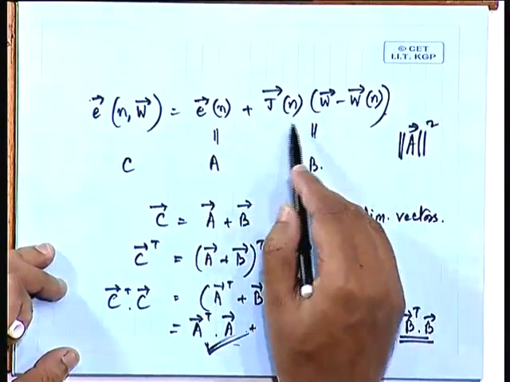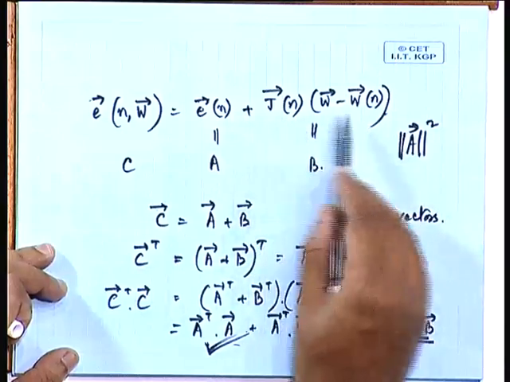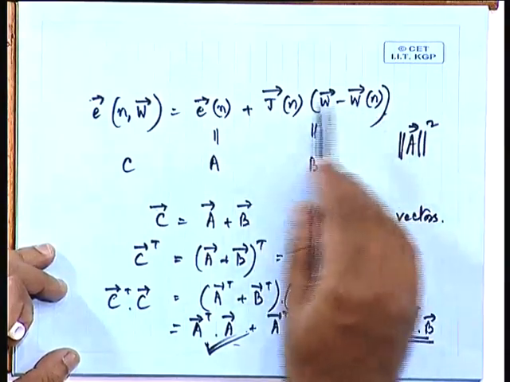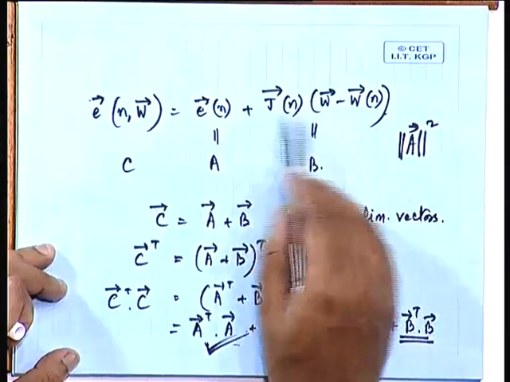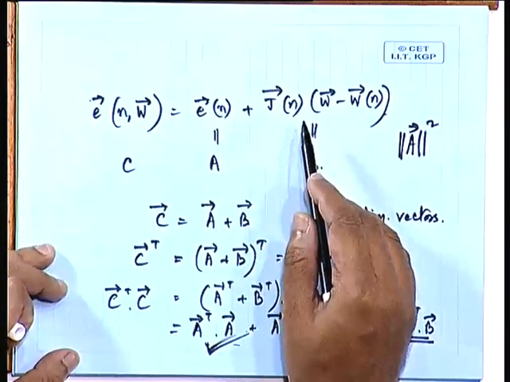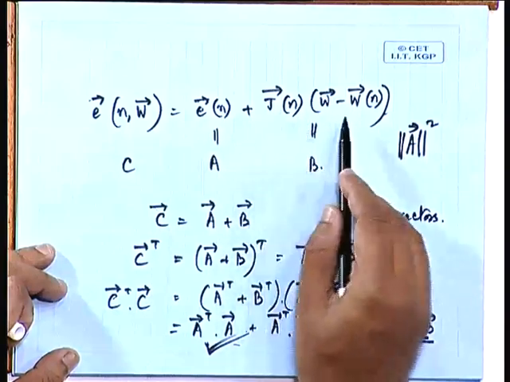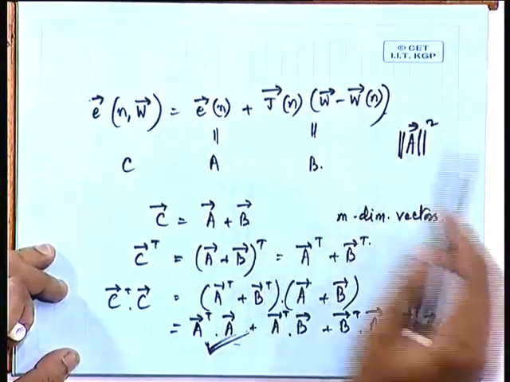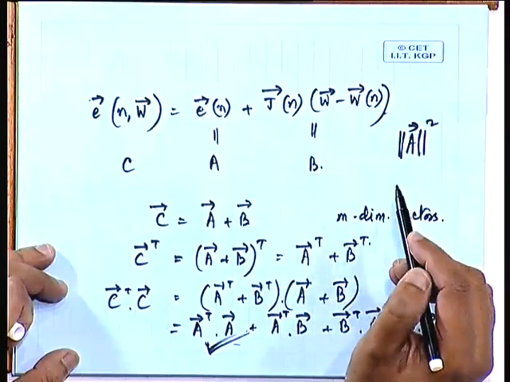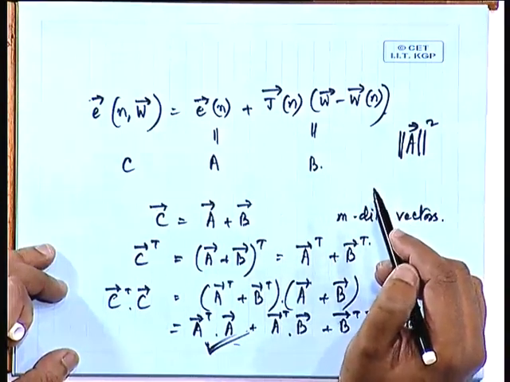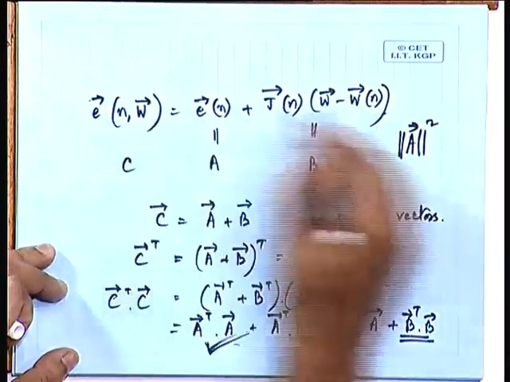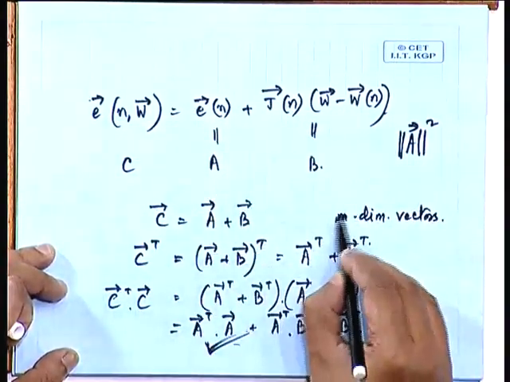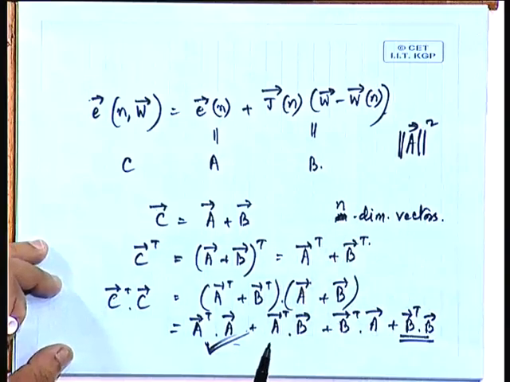So, B that we are writing is already a dot product of J_n and W minus W_n. So, J_n is actually a matrix. This is an n by m Jacobian matrix, and this one is an m by 1 vector. So, in effect this becomes an n dimensional vector. In fact, each of these things is an n dimensional vector, so not m, but n dimensional vectors.